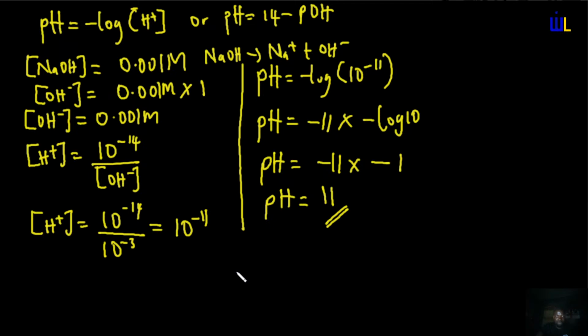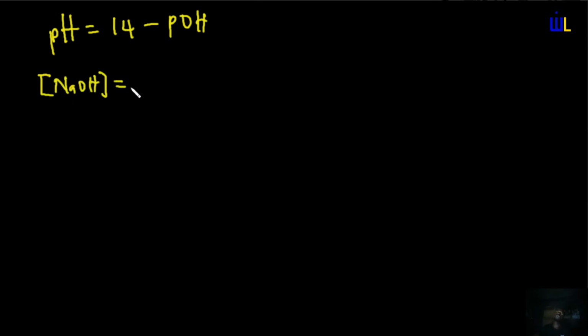Okay, now the second method of solving it is by using the other formula I wrote, which is pH equals 14 minus pOH. Now, whenever you are given a concentration of a base, you can only use the concentration of a base to find the concentration of hydroxyl ion, as I said earlier.